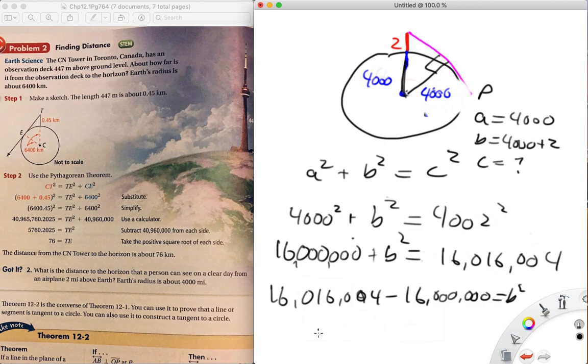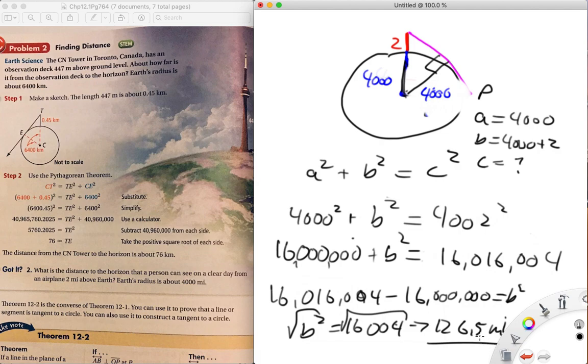Then I get that B squared is equal to 16,004. Square root both sides. There we go. And I get 126.5 miles. I like that answer much better.